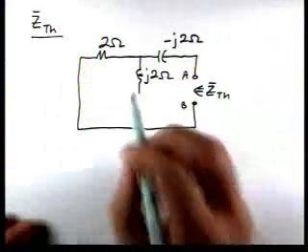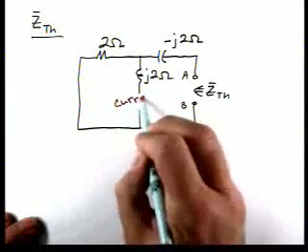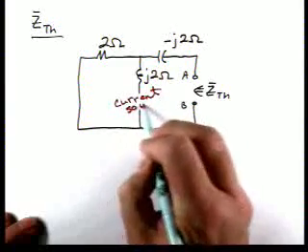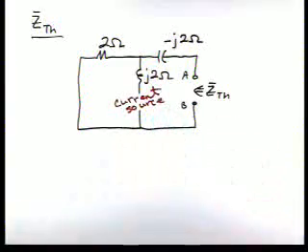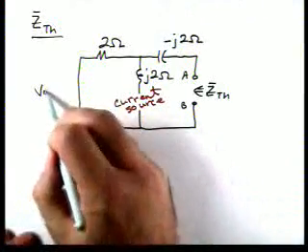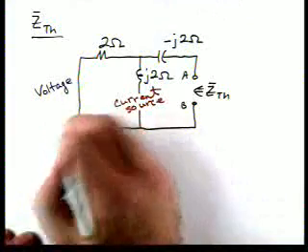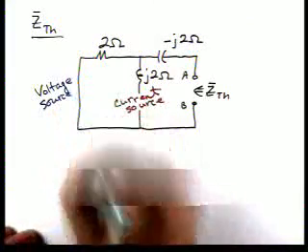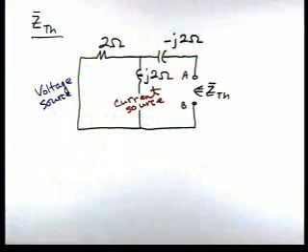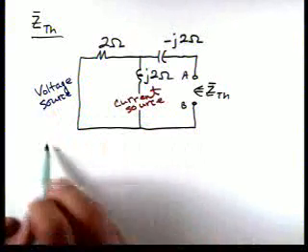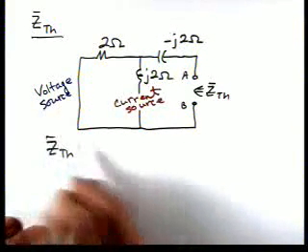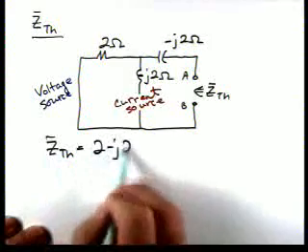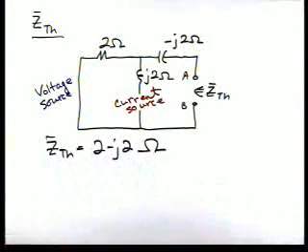Remember our current source was here, and when we turned it to 0 it becomes an open. Our voltage source was here, and when we turned it to 0 it became a short. So Z Thevenin is 2 minus J2 ohms.